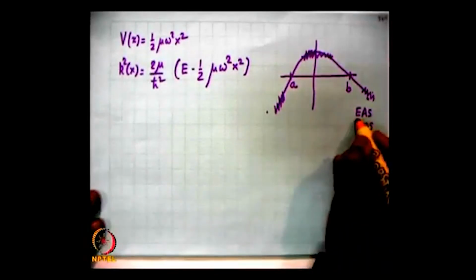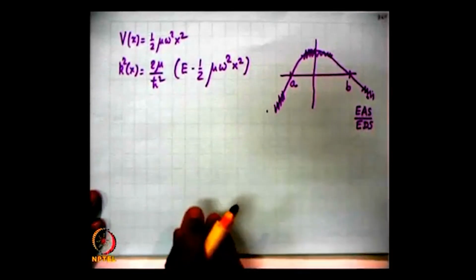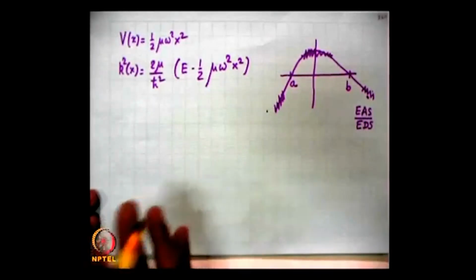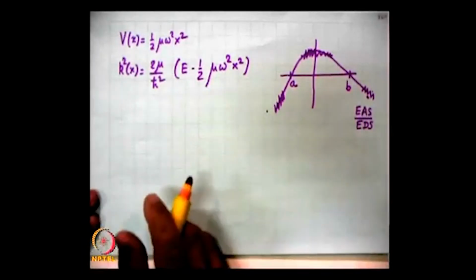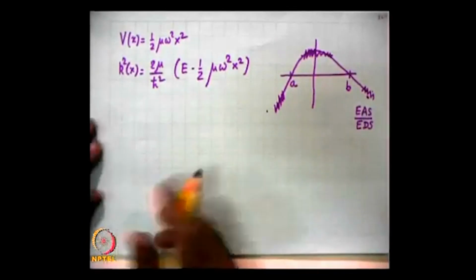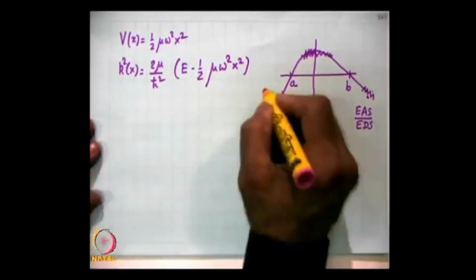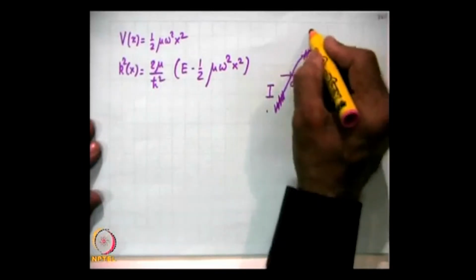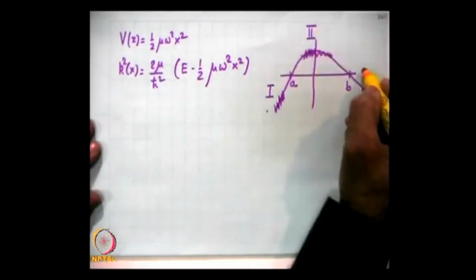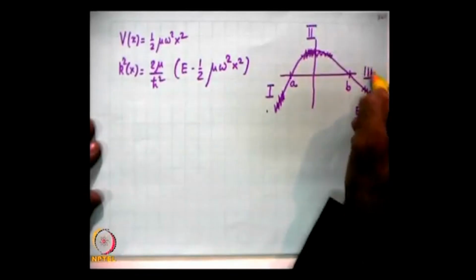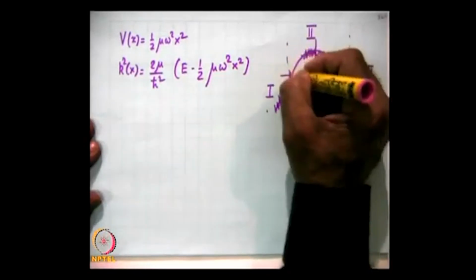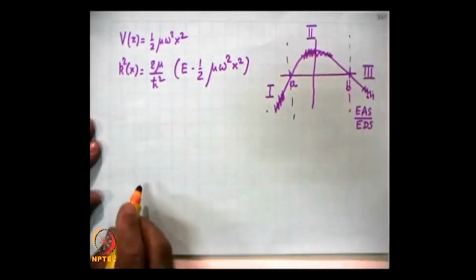So, the coefficient of the exponentially amplifying solution will be set equal to 0, and that will lead to the eigenvalue equation. So, let us do this. This is region 1 for x less than a, x between a and b is region 2, and x greater than b is region 3. So, these are the 3 regions in which we will discuss the WKB solutions.